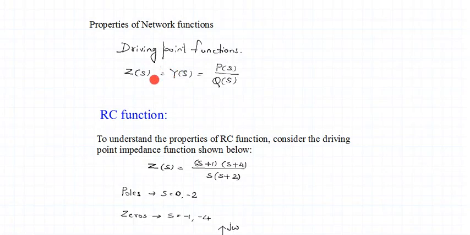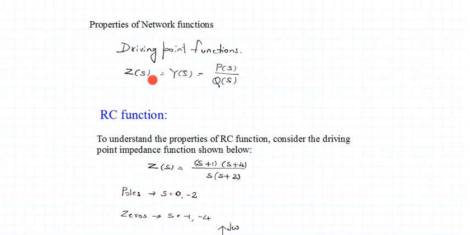So the functions will be given in what form? Either in the form of Z of S or Y of S. So we will be given the system functions in the form of driving point functions, either Z of S, impedance driving functions, or admittance driving functions Y of S.